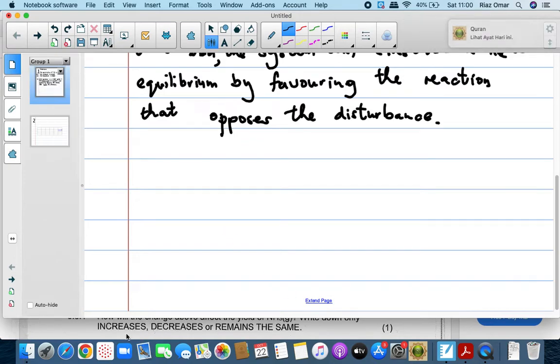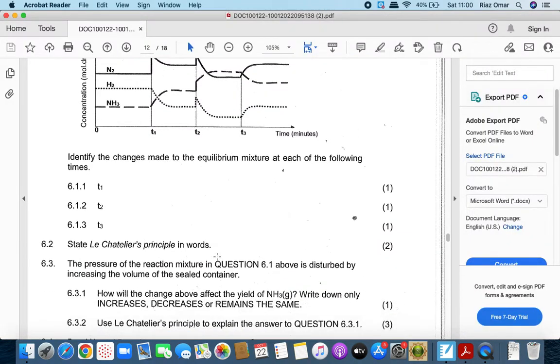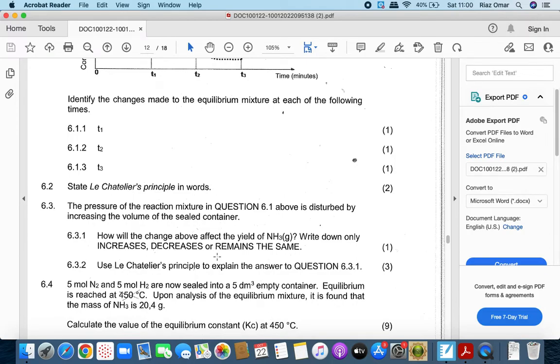Next question, 6.3. The pressure of the reaction mixture in 6.1 above is disturbed by increasing the volume of the container.